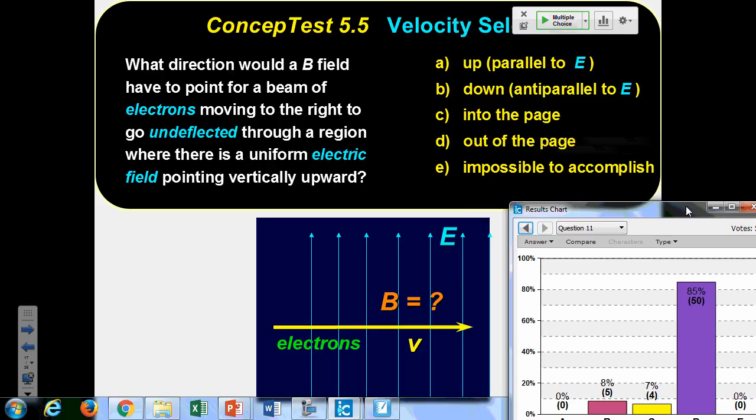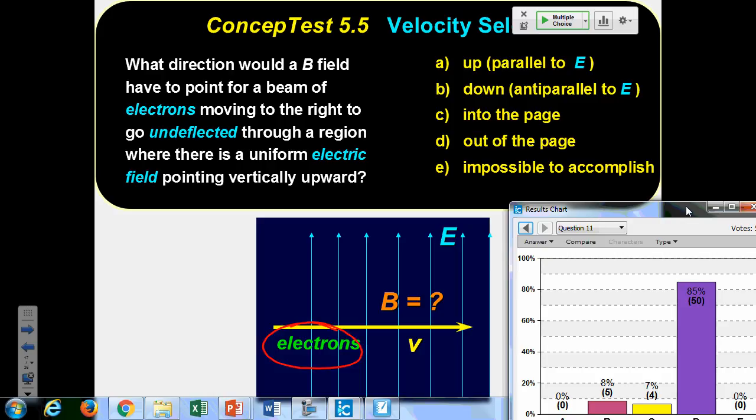So, I know that my electric force on a beam of electrons is up or down. It's not up. I appreciate that. But the electric force, you know, a positive particle feels a force in the same direction as the electric field. Okay? So a negative particle will feel an electric force that's opposite. I know what you were thinking. You were thinking the force is the same direction as the electric field.